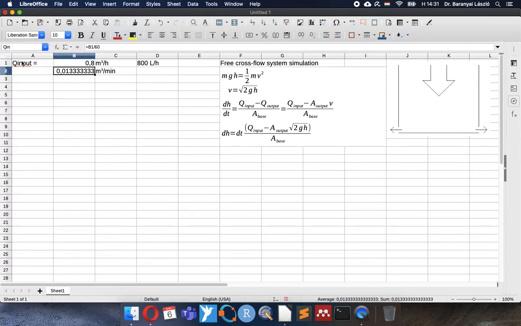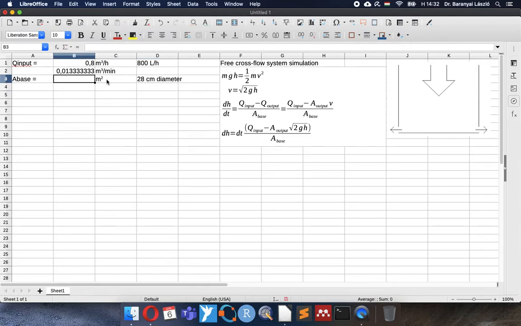This will be the constant, and I will recall it with Q input in the equations when I have to input the formula. And after that, I have to know the base area. I will use a kitchen tool. Of course, it will be in square meter. And my kitchen dish would have 28 centimeter diameter.